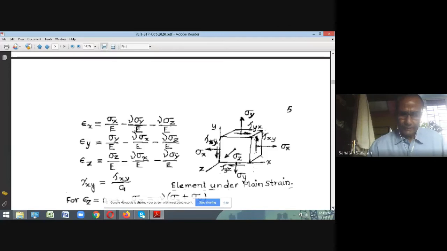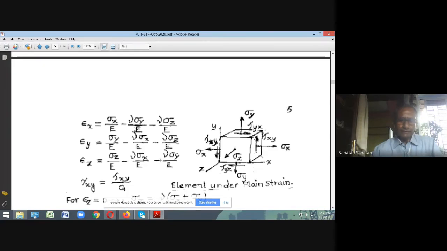Alternatively, you can have a situation. Please note that I am now showing an element wherein the stresses are acting on the x, y axis, and at the same time there is a stress acting in the z direction, sigma z. In this case, sigma z is externally acting. So under these conditions, if you write the normal strains, it will involve all three normal stresses.